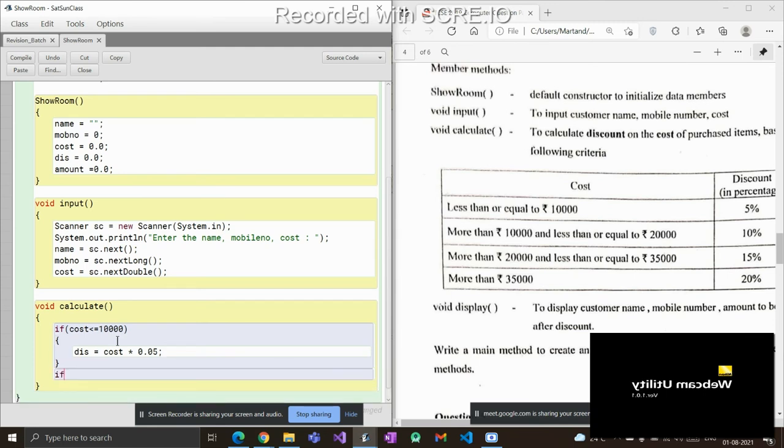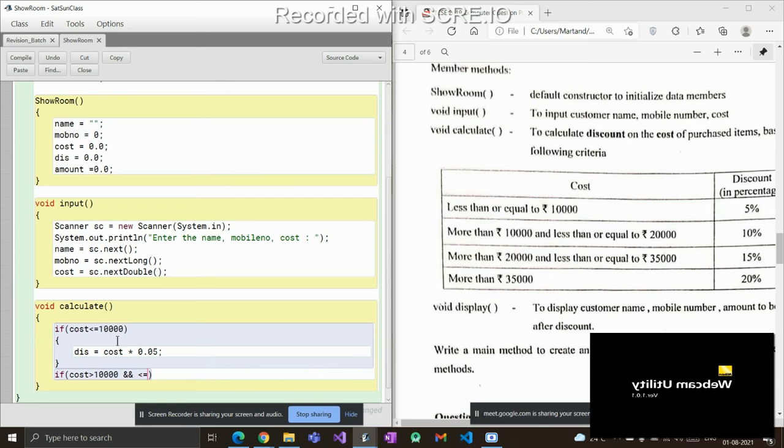Yes or no? Yes. If cost is more than 10,000, if it is greater than 10,000, and pay attention, you have to write. Now, most of the people do what? They will just write over here more than 10,000 and less than or equal to 20,000. So they give the sign as less than or equal to and just write down the number.